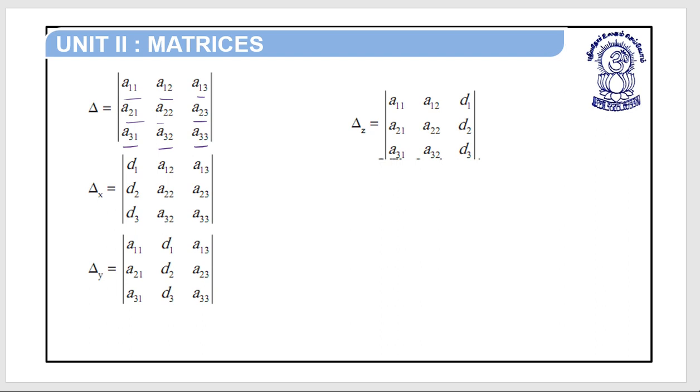For delta x is equal to d1, a12, a13, d2, a22, a23, d3, a32, a33. Same way for y, instead of second column write down d1, d2, d3. For z, instead of third column write down d1, d2, d3.